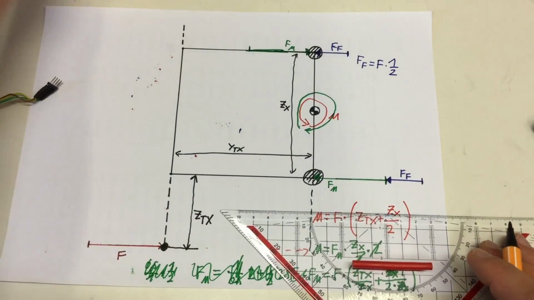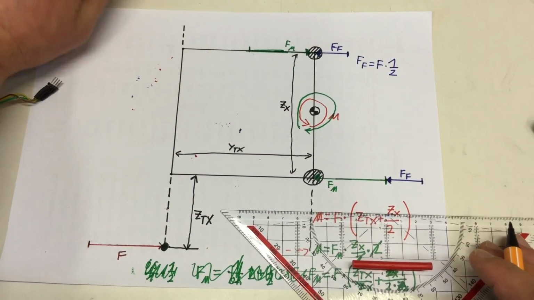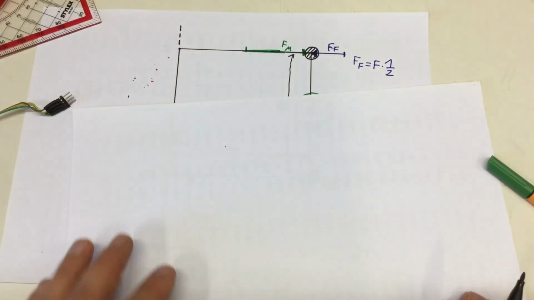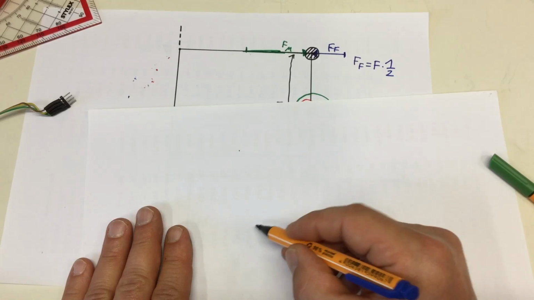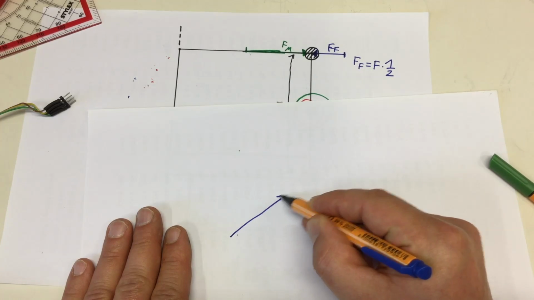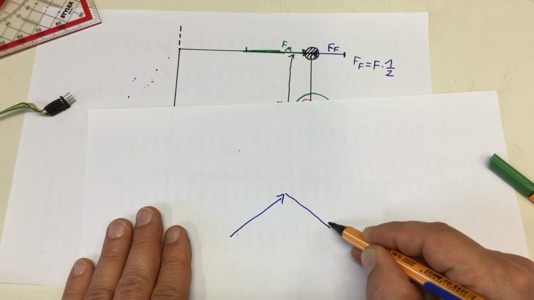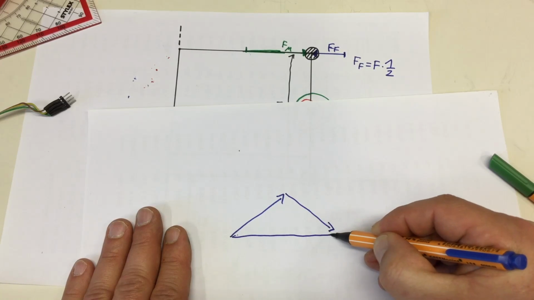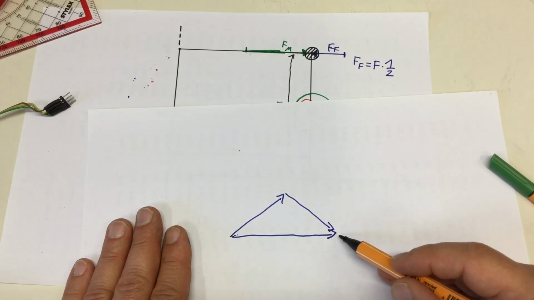Now I hope you remember the thing with the force triangle, adding up and neutralizing forces. Let's say I have a force here and a force here, and then I simply close up the triangle with the resulting force.